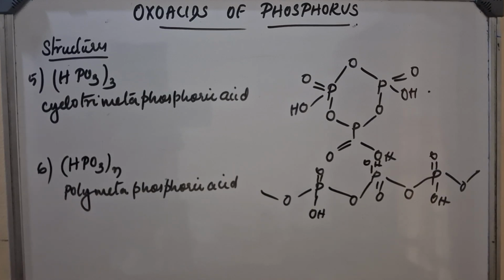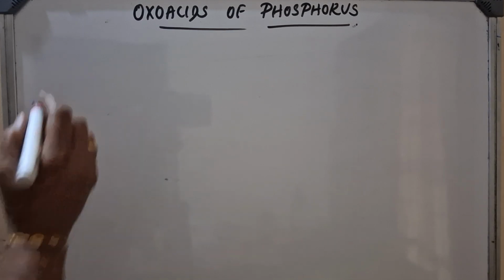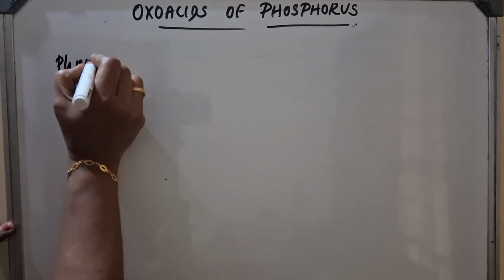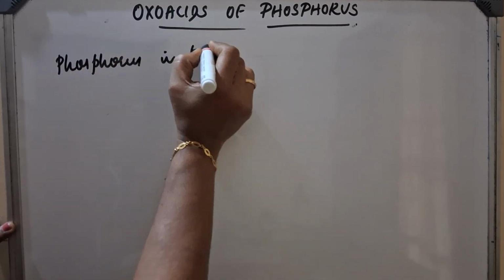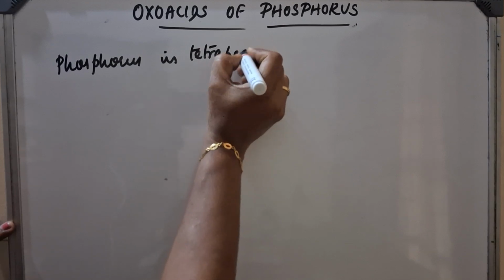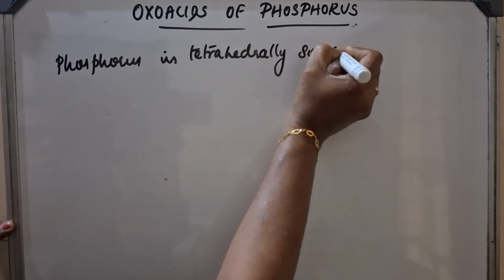Now let us discuss some properties of these oxoacids. In oxoacids, we have already seen that phosphorus is tetrahedrally surrounded by other atoms.